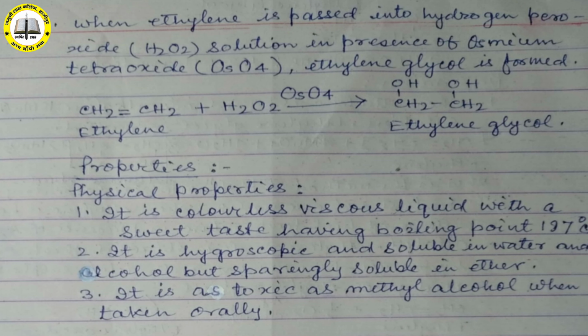Second point is that it is hygroscopic and soluble in water and alcohol, but sparingly soluble in ether. And the third point is that it is as toxic as methyl alcohol when taken orally.